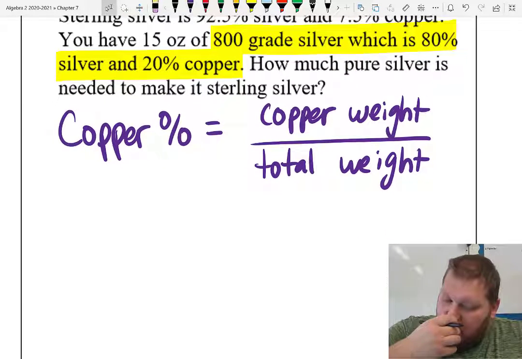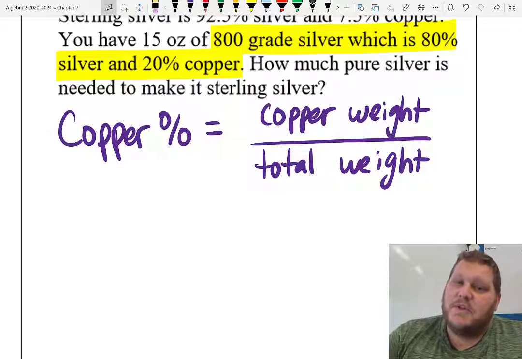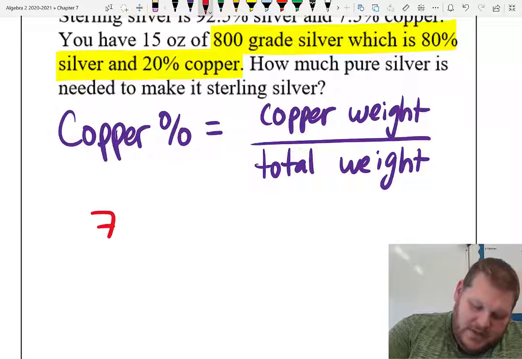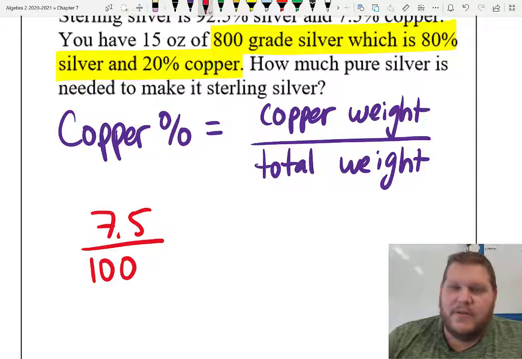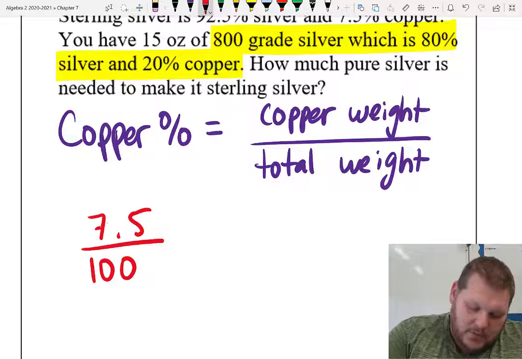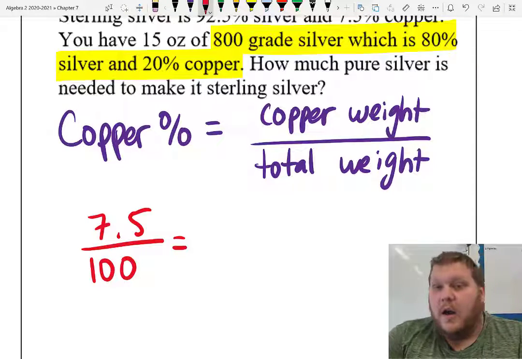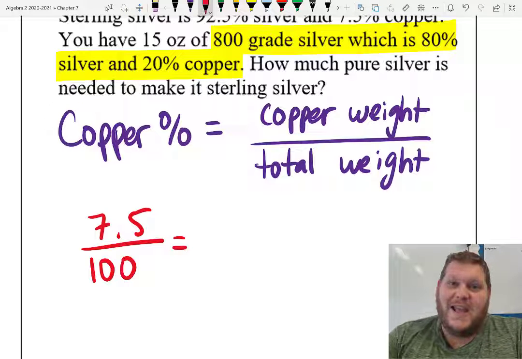So in this situation, since we're trying to get 7.5% copper, we want 7.5%, and I'll switch my colors up here. 7.5%, which percent means per 100, so 7.5 out of 100. We want that to be our goal.